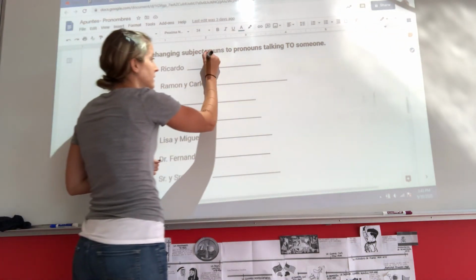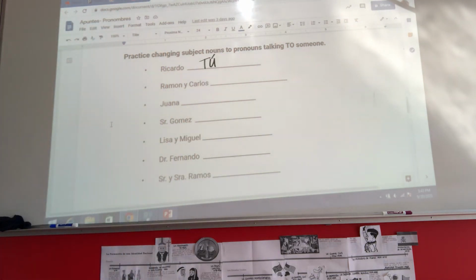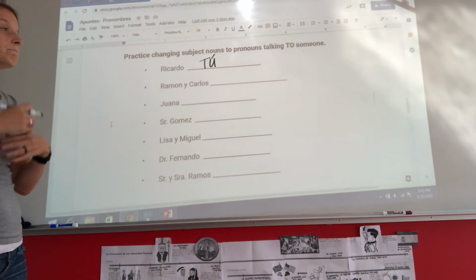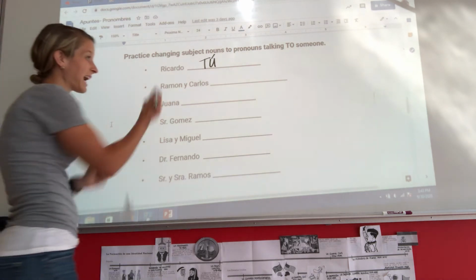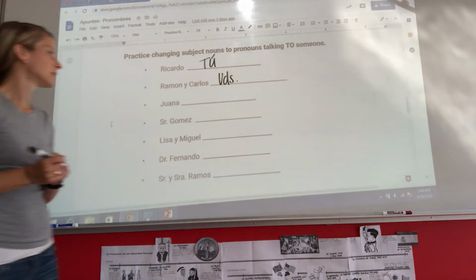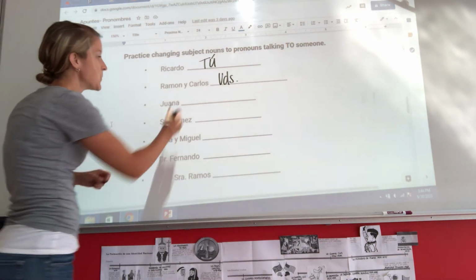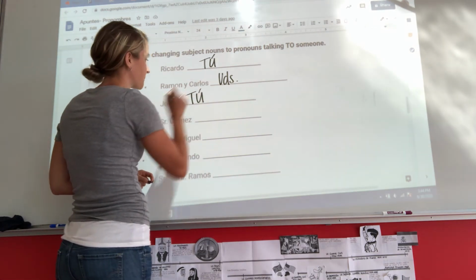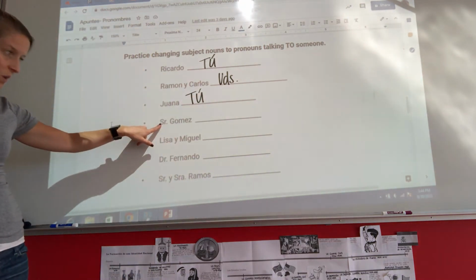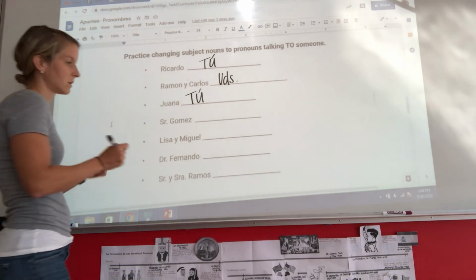Sí, tú. If we were talking to him, we would talk to him in the tú form. Ramon y Carlos, a group of people. Sí, you guys. Ustedes. Juana. Muy bien, tú. Señor Gómez. Okay, there's a title.